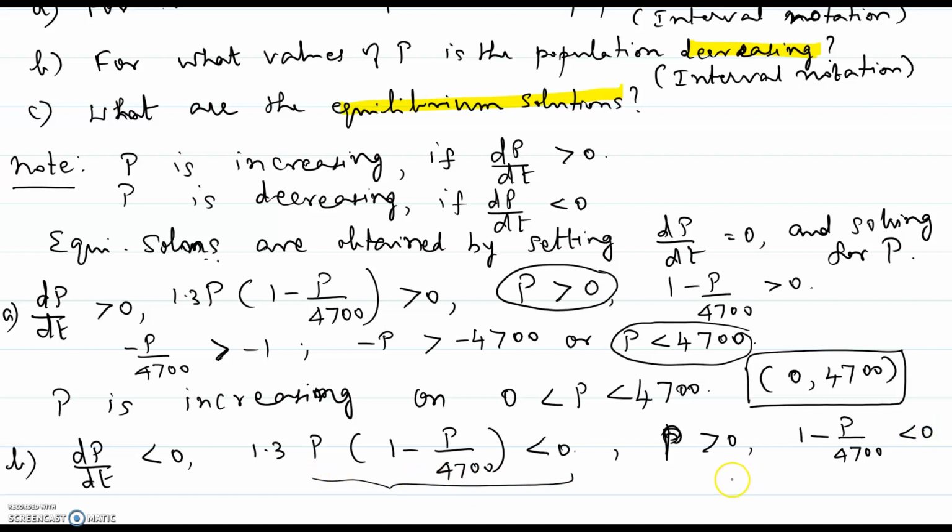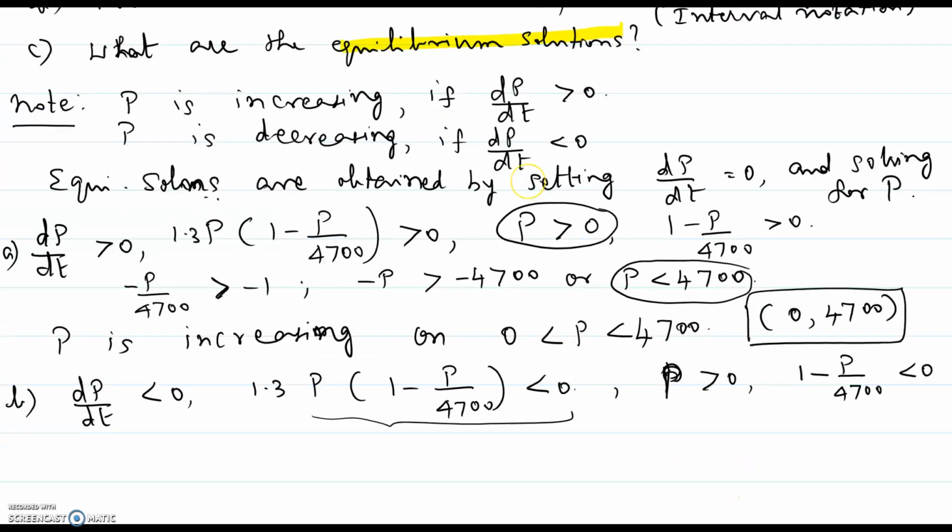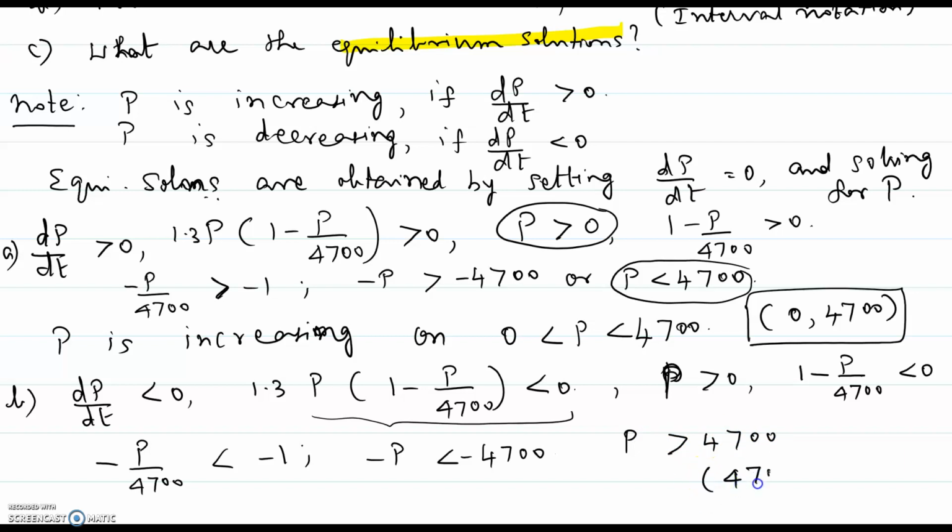So negative P over 4700 will be less than negative 1, or negative P will be less than negative 4700, or P will be more than 4700. So on the interval 4700 through infinity, P is decreasing.